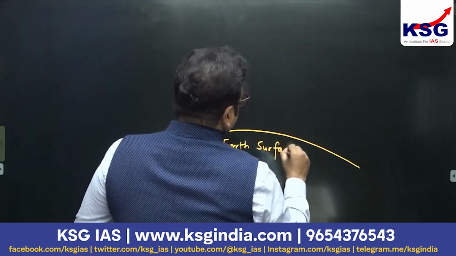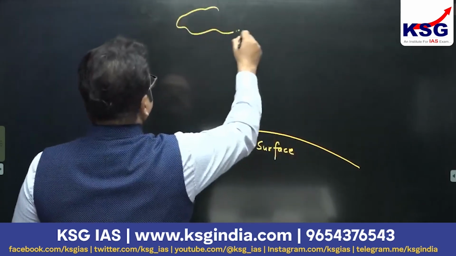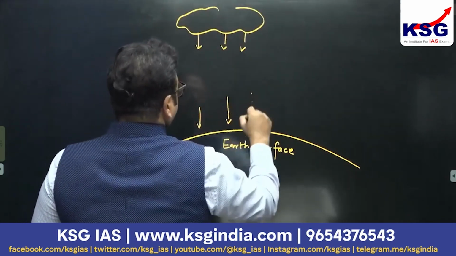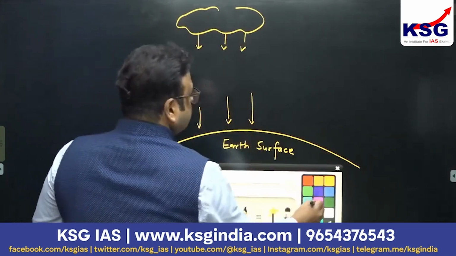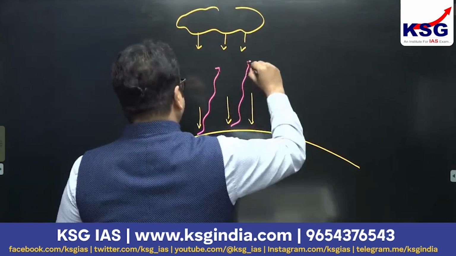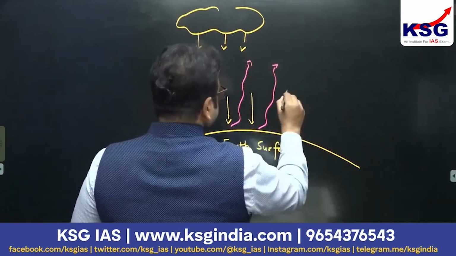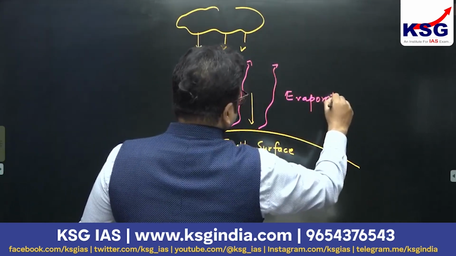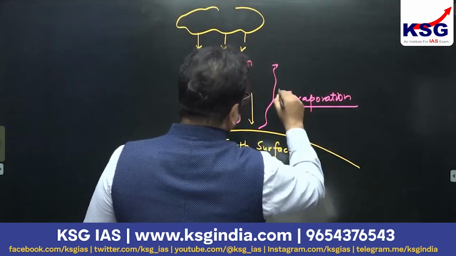When there is rainfall, after condensation, immediately this rainfall is changed into vapor phase, and again it goes up. Immediately this evaporation is going on. In the process, what happened?